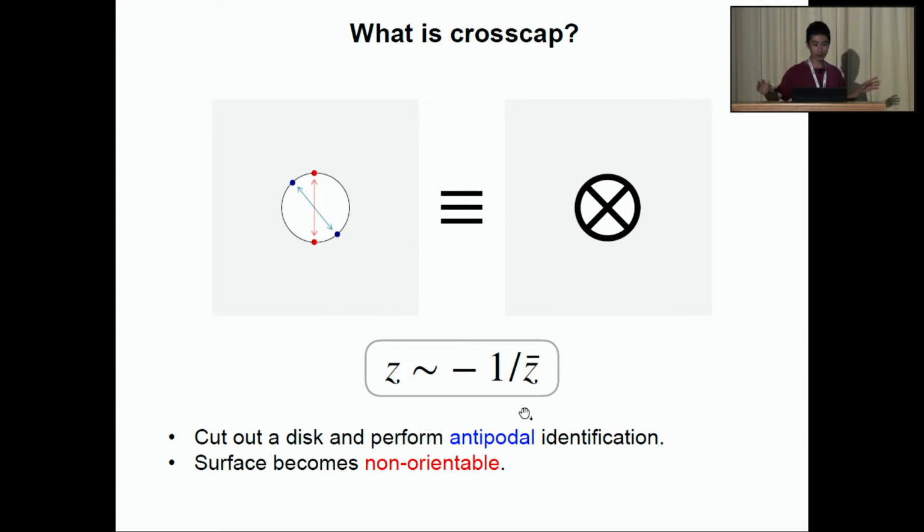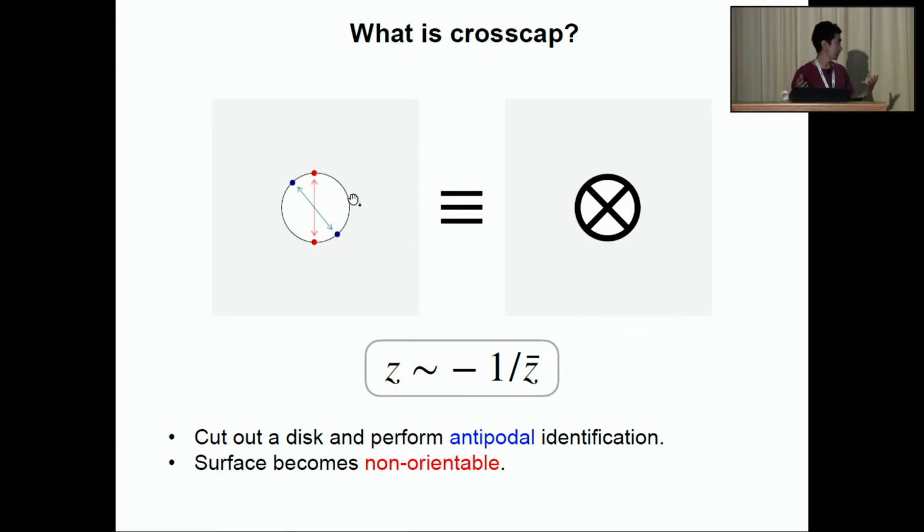This identification maps the exterior of the unit circle and the interior of the unit circle. And at the boundary, which is on the unit circle, you do the antipodal identification of points.